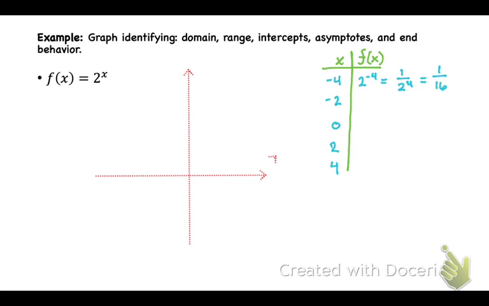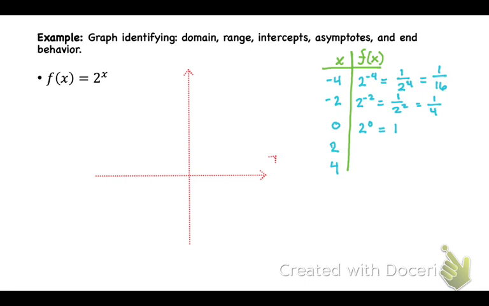Small, right? So 2 to the negative 2 is 1 over 2 squared, so it is 1/4.